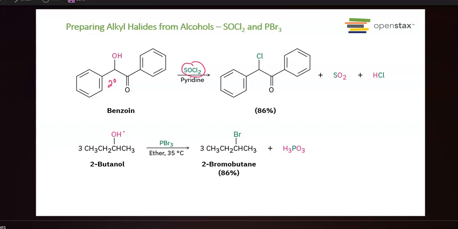Or if you want to put a bromine over there, that means again it's a substitution reaction. As you can see, this is a secondary one. PBr3 works best. It's phosphorus tribromide, and you can see that it is replacing the OH with the bromine.